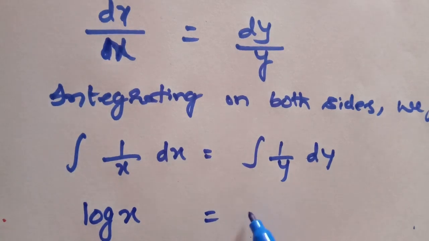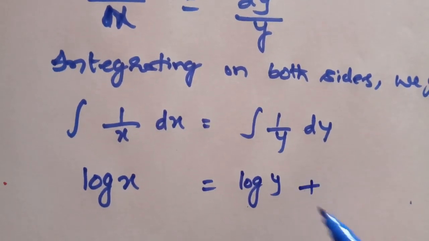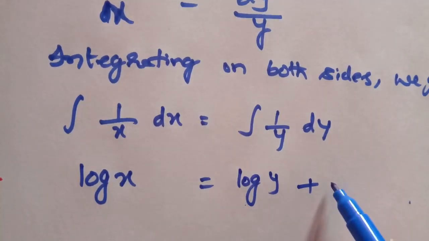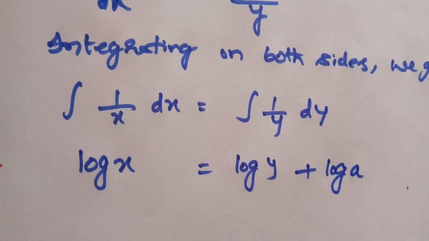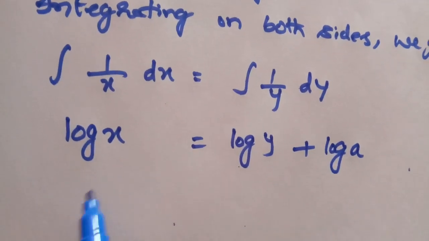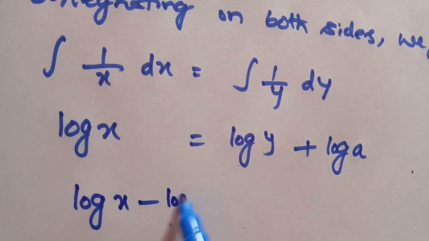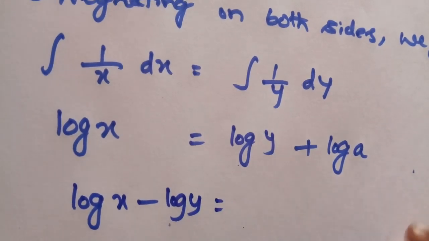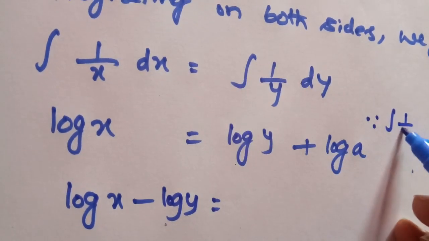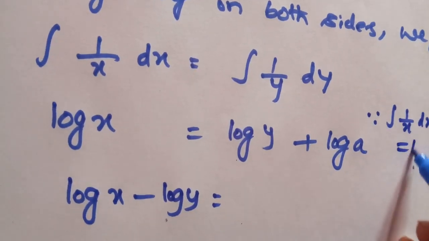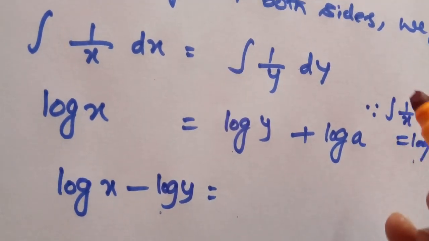Integration of 1 by y is log y, plus for our convenience we are adding log a as arbitrary constant of integration. Therefore this can be written as log x minus log y. Here we used the formula, since integration of 1 by x dx is equal to log x. This is the formula of integration.